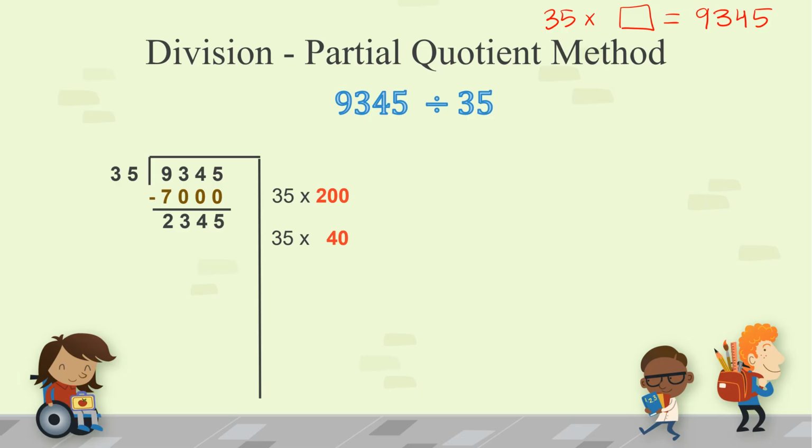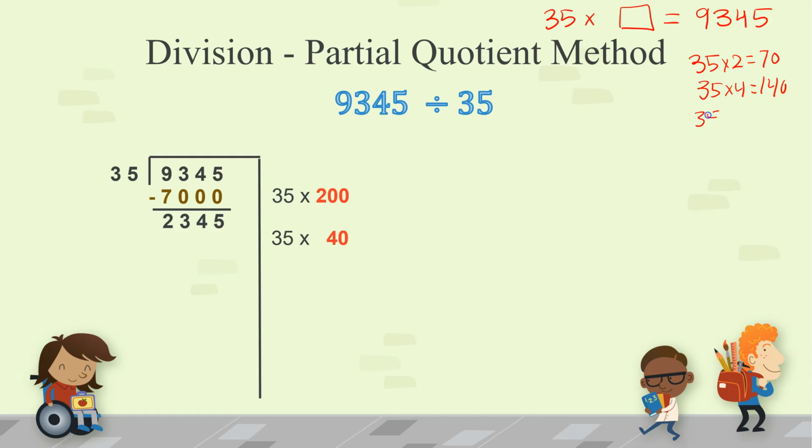Now, I'm going to tell you how I think of that 40. 35 and another 35 is 70. So 35 times 4 must be twice as much as 70, and that's 140.